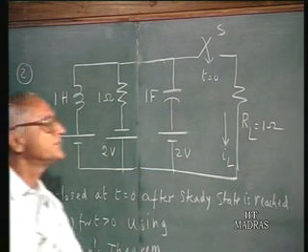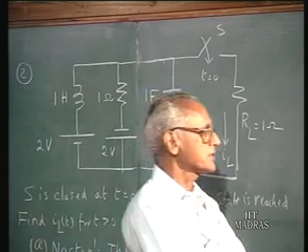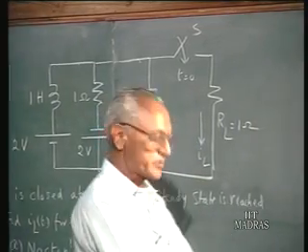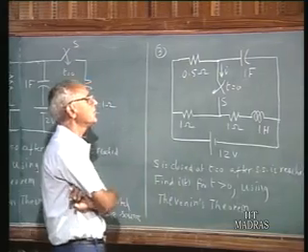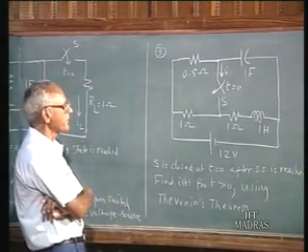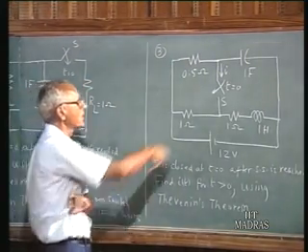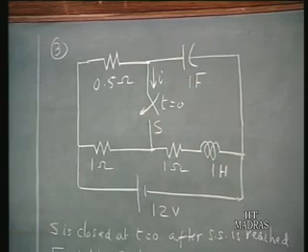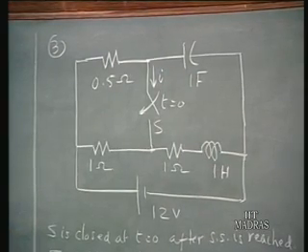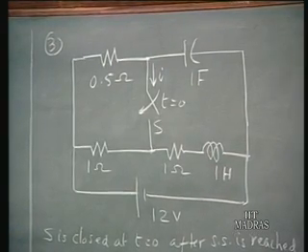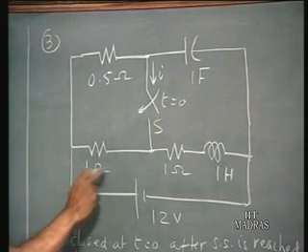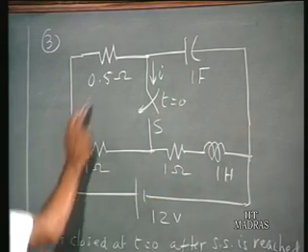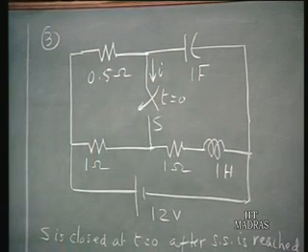The third problem is again an analysis of the transient solution in a particular network. S is closed at t equals 0 after steady state has previously been reached, and you are asked to find I of t in this shorted switch, using Thevenin's theorem. The source is 12 volts, with a 1 ohm resistor, a 1 henry inductor, and a 0.5 ohm resistor with a 1 farad capacitor.